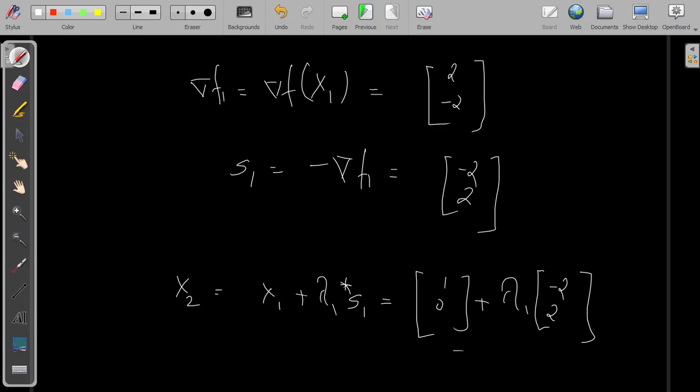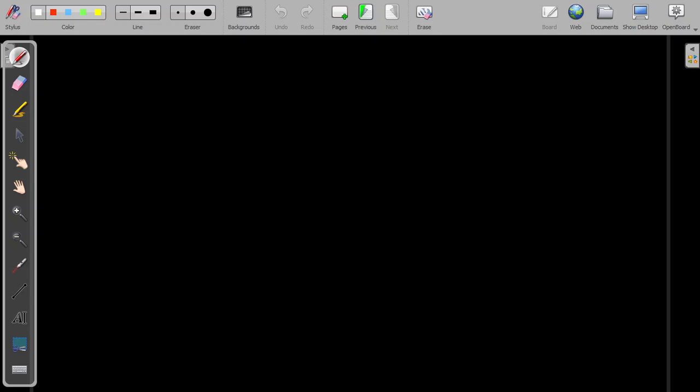We will find lambda 1, the optimum step length, so that the objective function is minimized. That gives (1 - 2 lambda 1, 2 lambda 1).